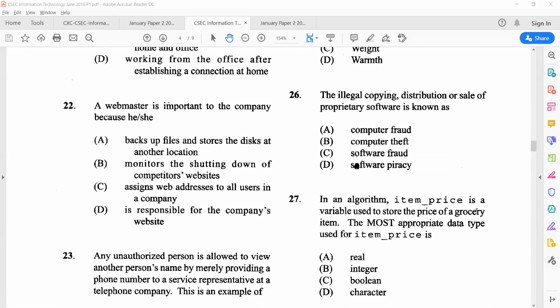Okay, let's move on to 26. The illegal copying, distribution, or sale of proprietary software is known as what? You have computer fraud, computer theft, software fraud, software piracy.